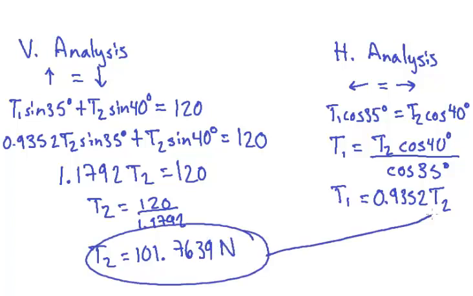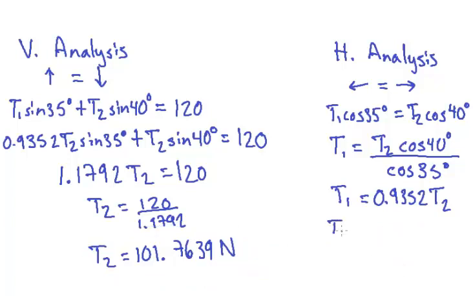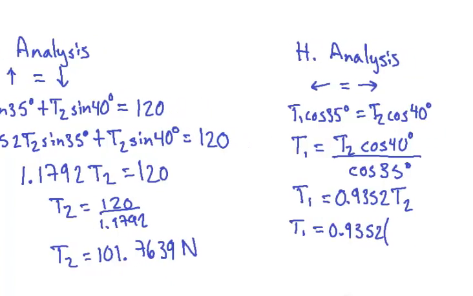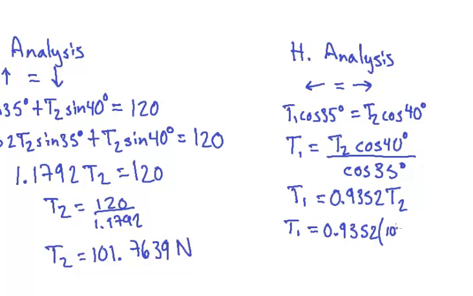So I already found T sub 2. I'm going to use this and substitute it in order to find completely T sub 1. So I go back to the horizontal analysis, and T sub 1 is going to be 0.9352. And instead of T sub 2, I'm going to put 101.7639.